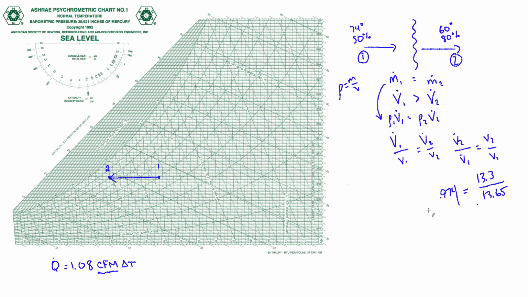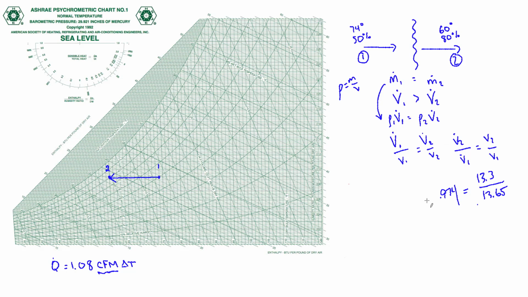If you can accept an answer that's off by 2 or 3%, then you can use either one. But my short answer to this question is you should use the specific volume for wherever the volume flow rate is given. So if you're told the volume flow rate entering the coil, then you should pick the specific volume at state 1 for the air that's entering the coil. So in this case, you would pick 13.65.